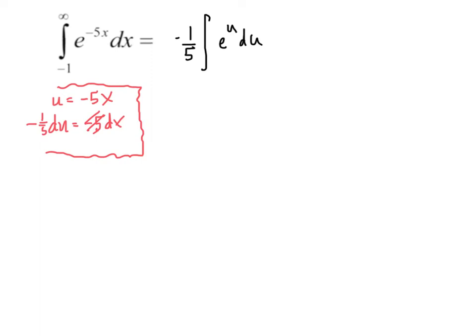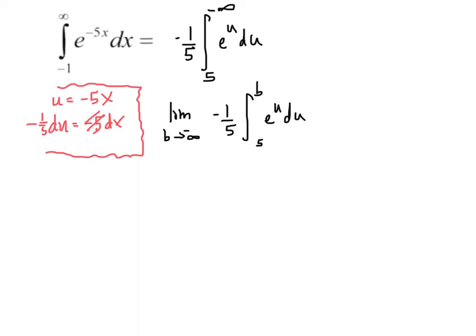Now, here's what's kind of interesting. If I plug in infinity, negative 5 times infinity, well, this is now negative infinity. If I plug in negative 1, negative 5 times negative 1 is 5. Well, I should write this with a limit statement. Still got the negative 1/5, but now it's going to go from 5 to b, and I could make it negative infinity.